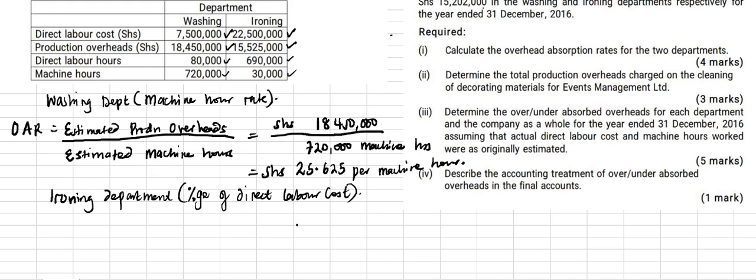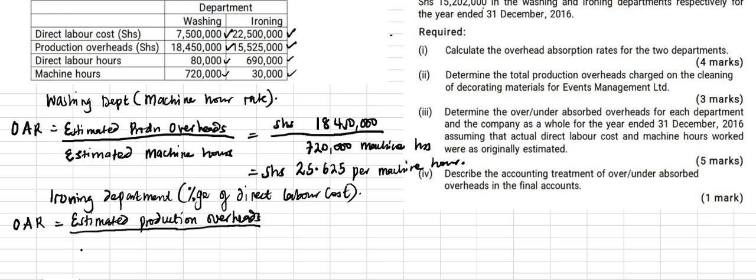So the OAR in the ironing department will equal the estimated production overheads over the estimated direct labor costs, times 100%, because they want it as a percentage of direct labor cost.